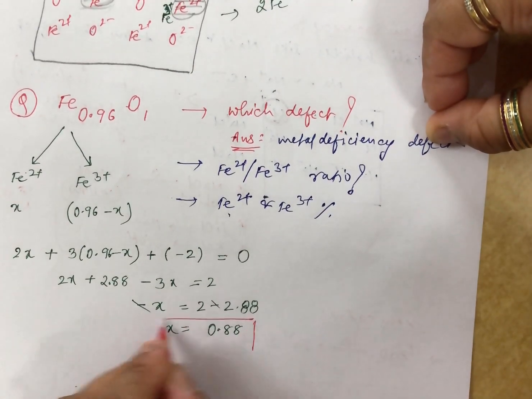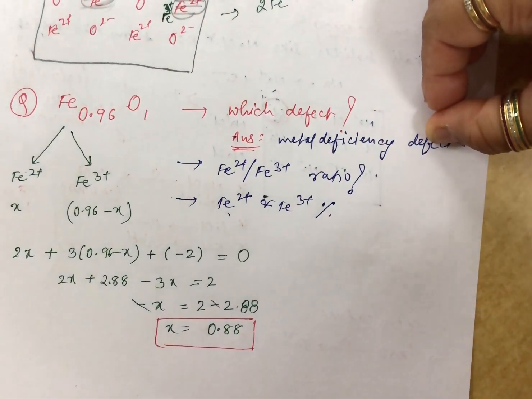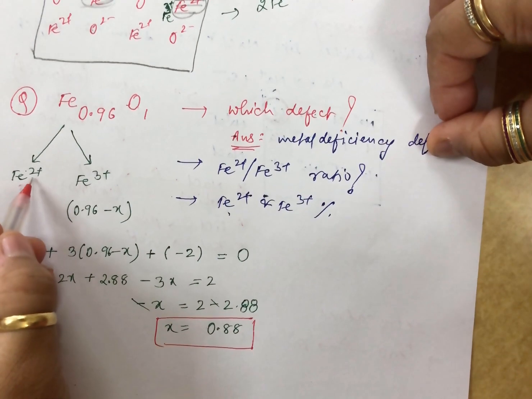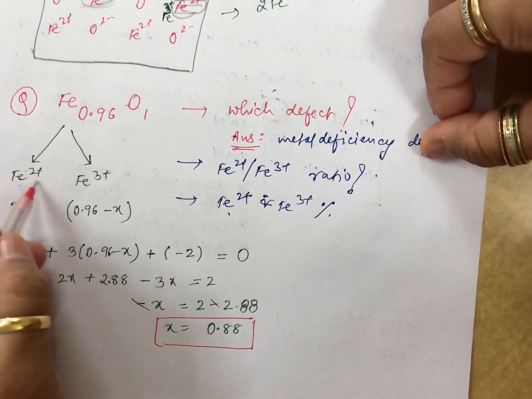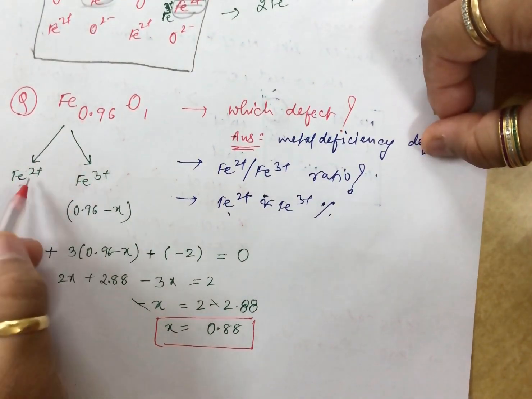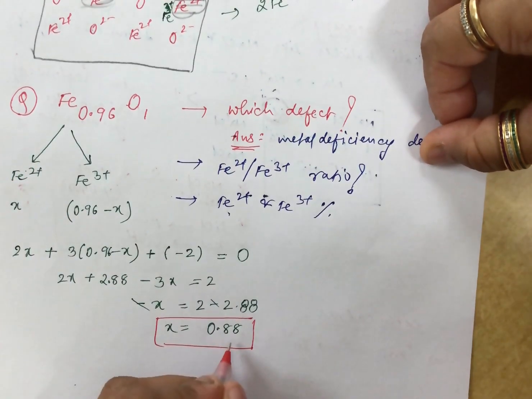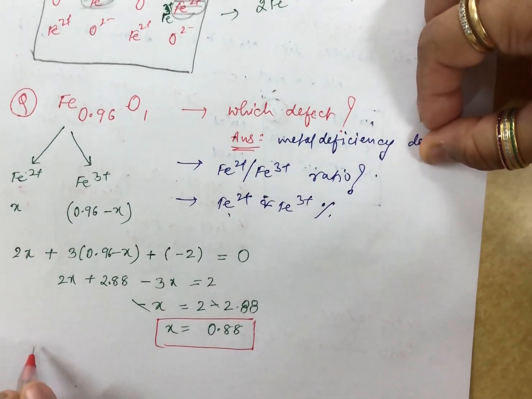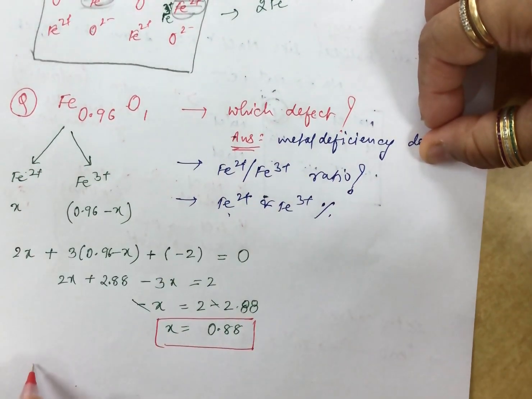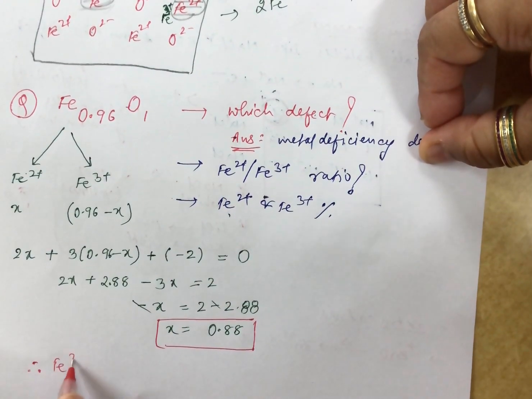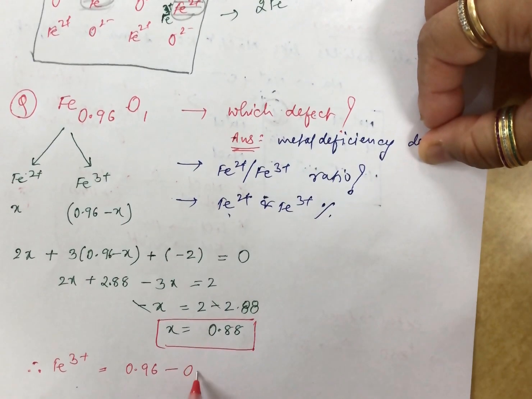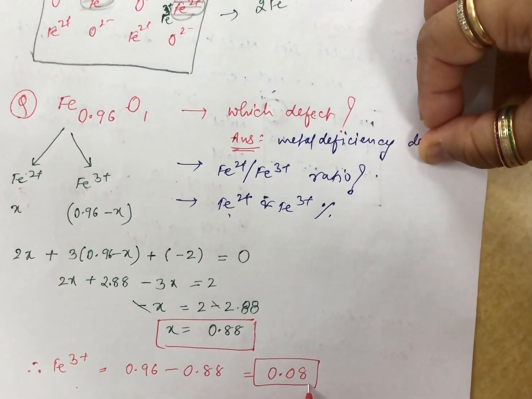So X is 0.88, that is, of the variable oxidation states Fe has, the 2+ has this amount in FeO. Therefore, your Fe3+ will have how much? Obviously 0.96 minus 0.88, so it comes out to be 0.08.